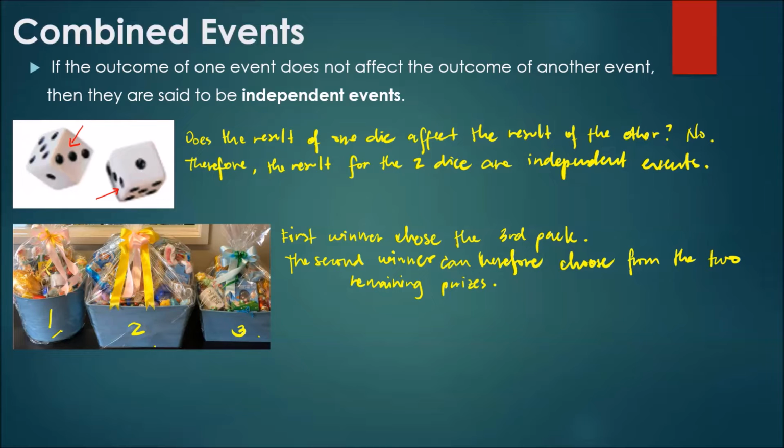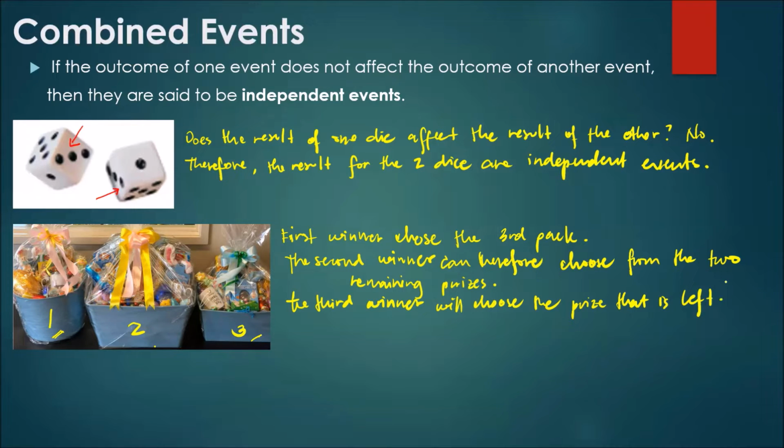So if we now have a third winner, can the third winner still choose the third pack and the first pack? No. The third winner will choose the prize that is left.